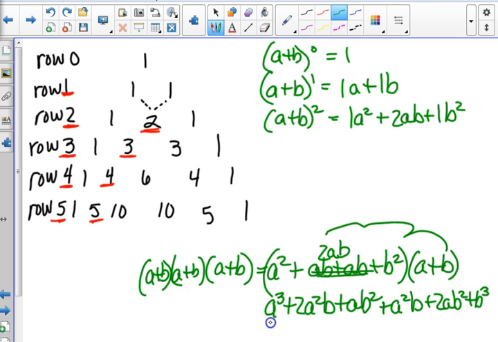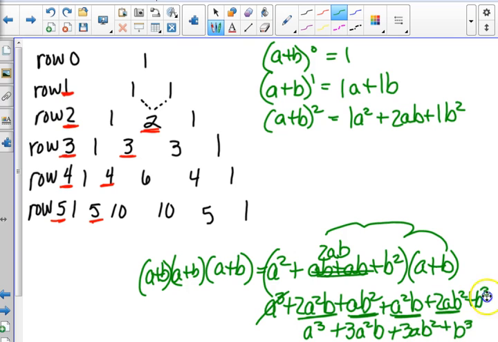What did I wind up with when I combine like terms? I have an a cubed. Any more a squared b's? For a total of 3 a squared b's. What about ab squareds? And back here is a b cubed, right? Look what we just did.